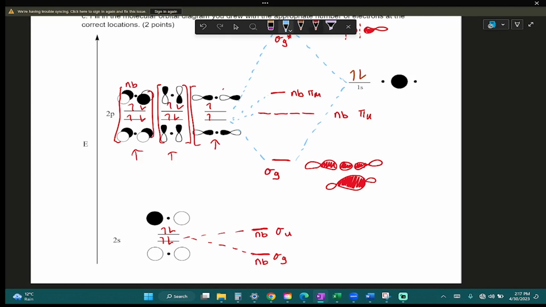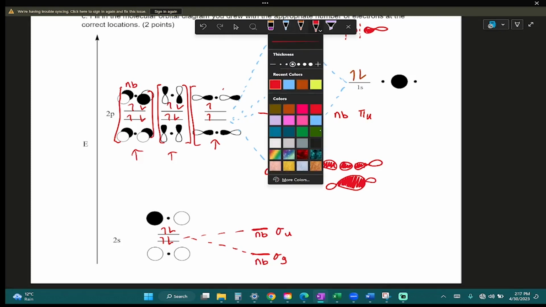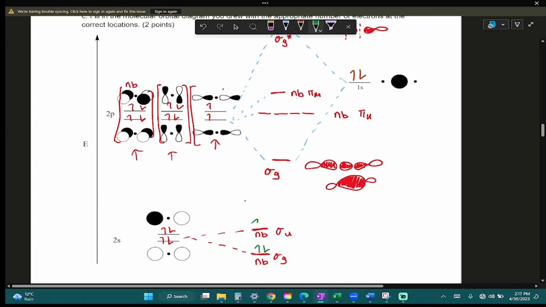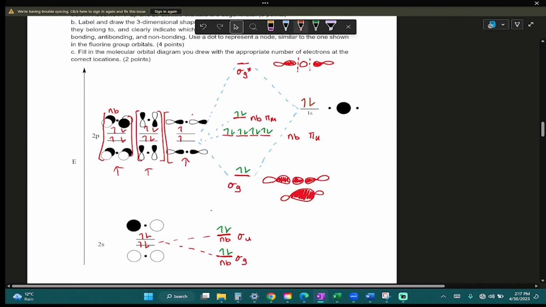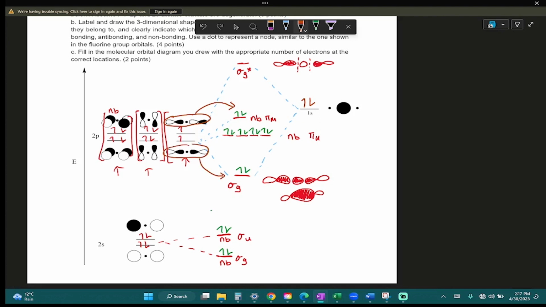So we'll do a different color. And there we go. So I'll mark that these orbitals are the ones that go up here. This one is going down here and up here, and then the other 4 are the 4 in the middle.